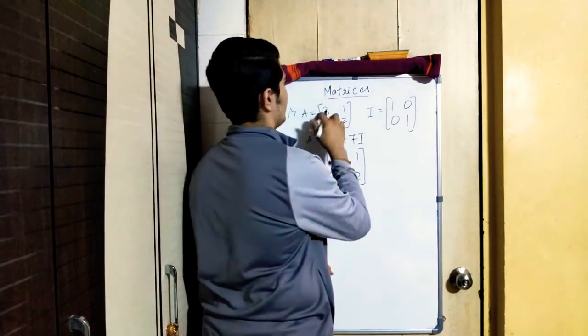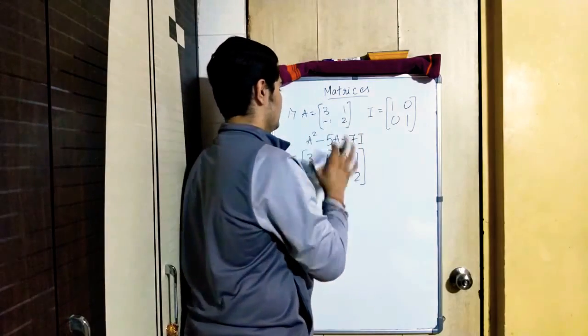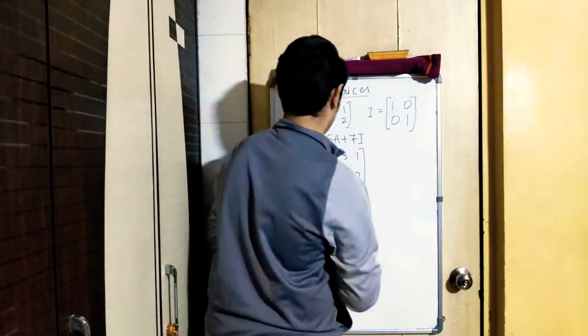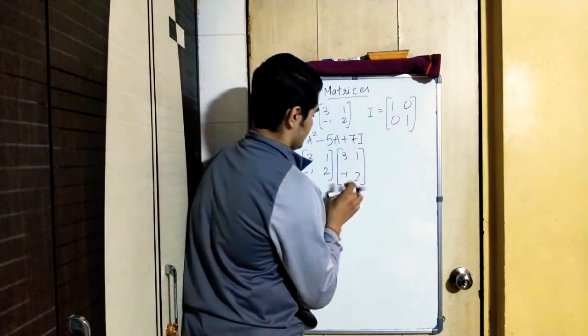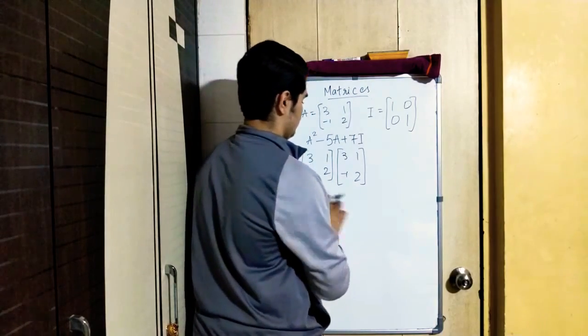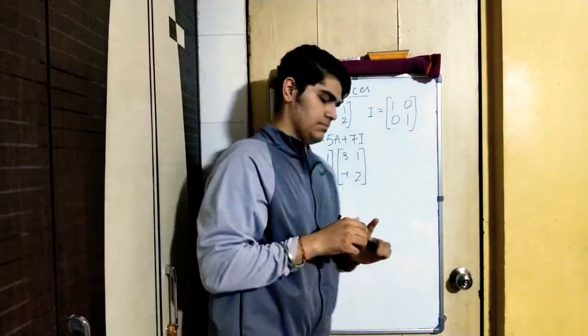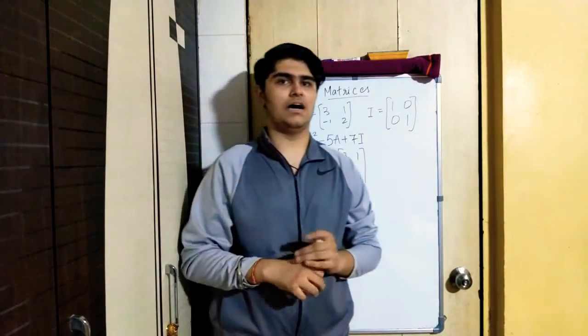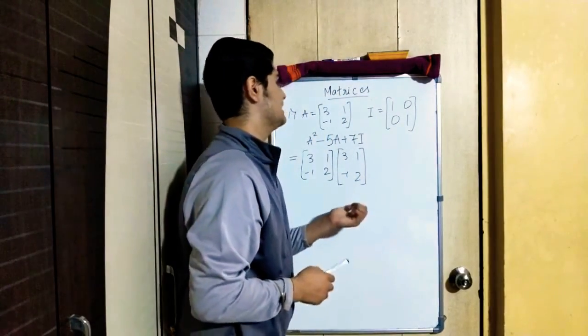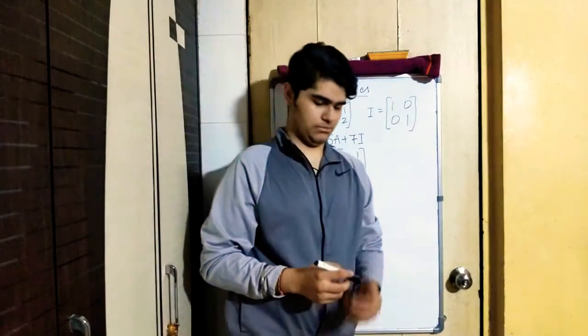You cannot just directly square these numbers internally. You have to solve by making two brackets. Actually that is matrix multiplication, and 90% of the time these types of questions are asked in the exams.